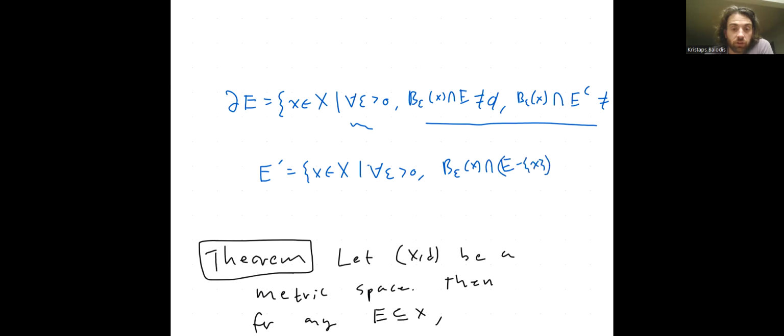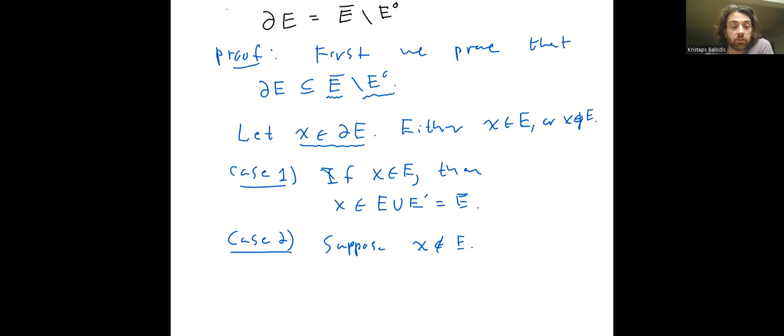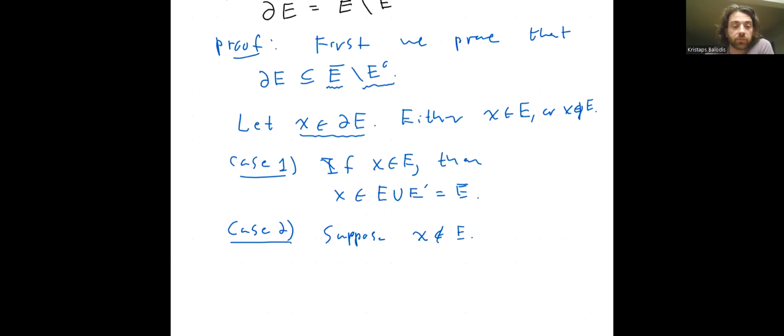So we want to say that all the epsilon balls contain some part of E other than x itself.